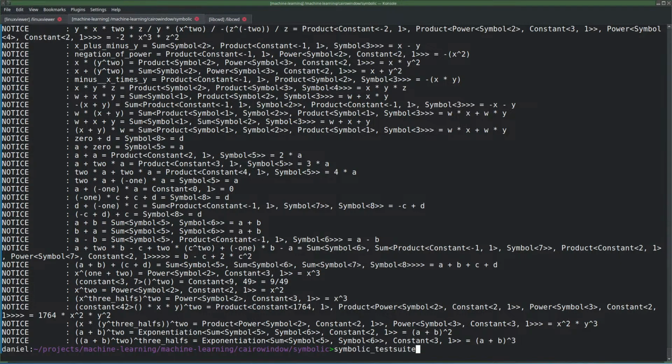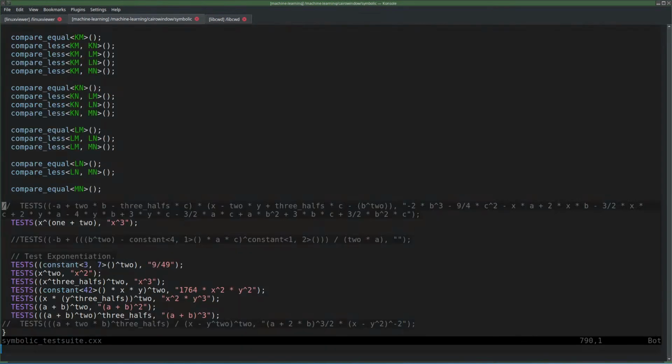That works. So it almost works, except for this difficult thing. I broke it, but in a subtle way.